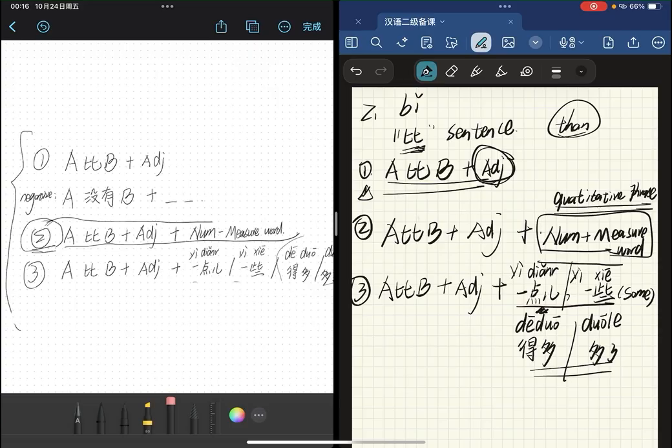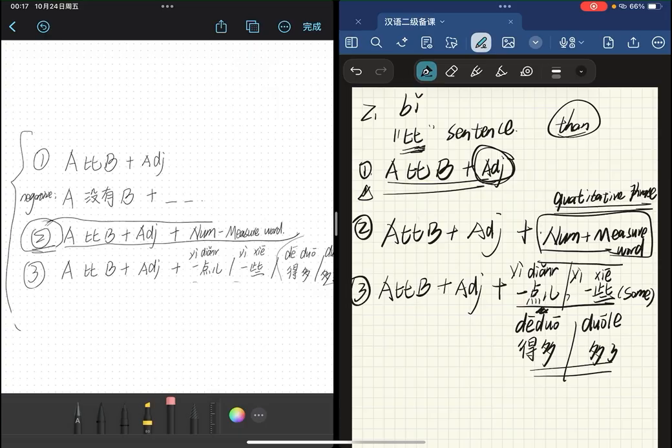These words express how big or small the difference is. Like 一点儿 a little, 一些 some. So use 一点儿 or 一些 for small differences, and 得多 and 多了 mean much more. So use 得多 or 多了 for large differences.